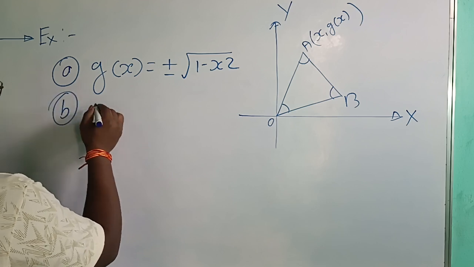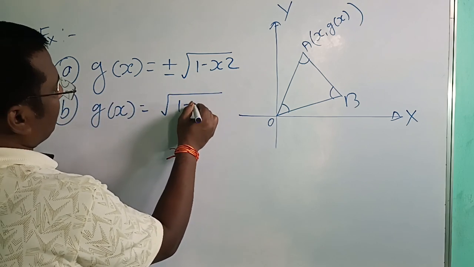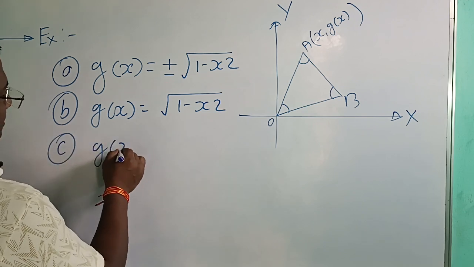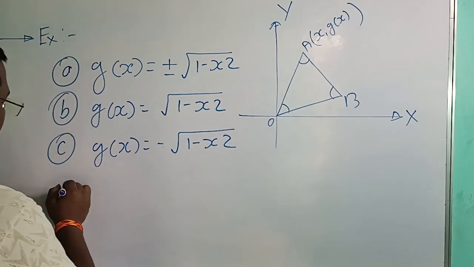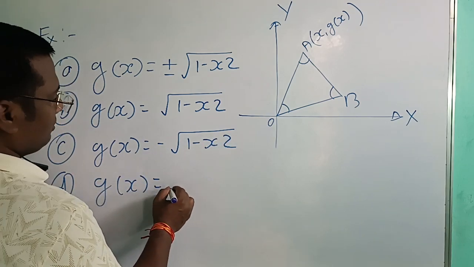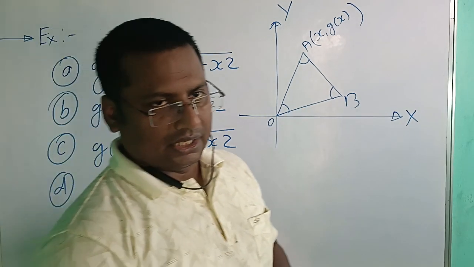Option second, g(x) equal to root under 1 minus x square. Third, g(x) equal to minus root under 1 minus x square. And fourth option, g(x) equal to 1 plus x square. Which of the following is correct?